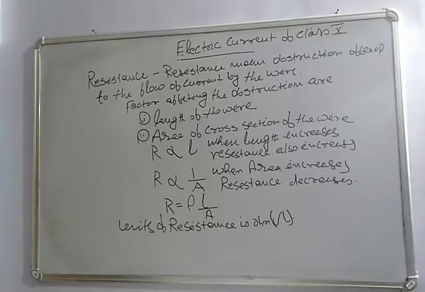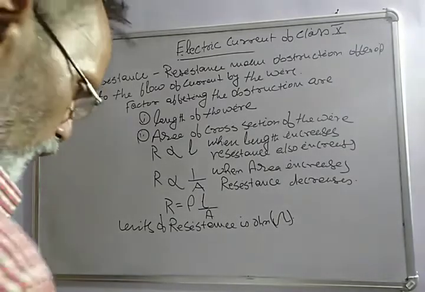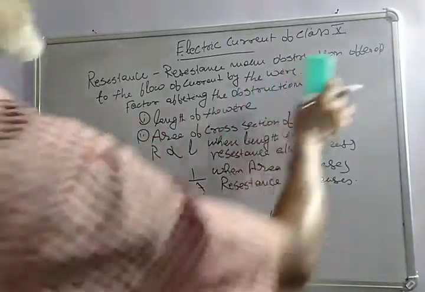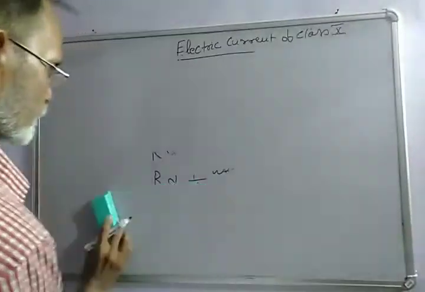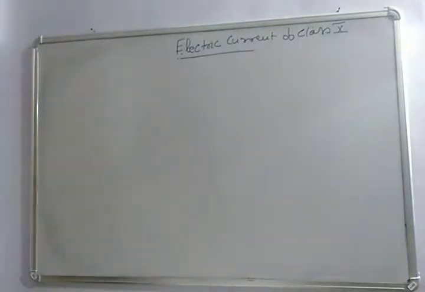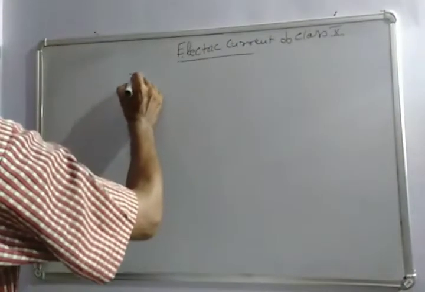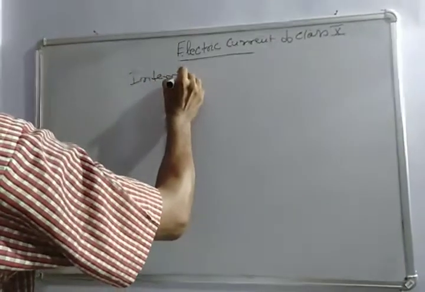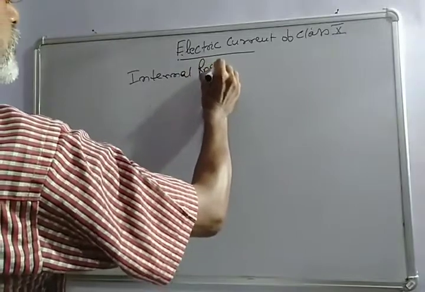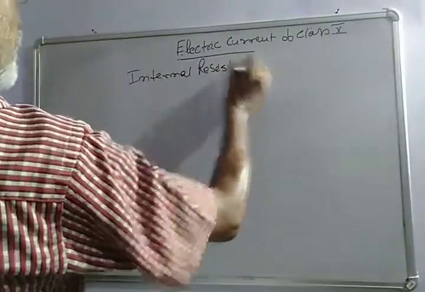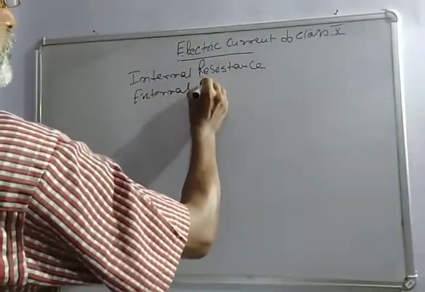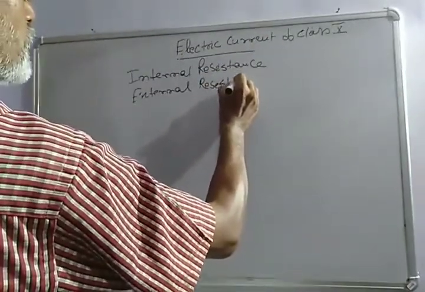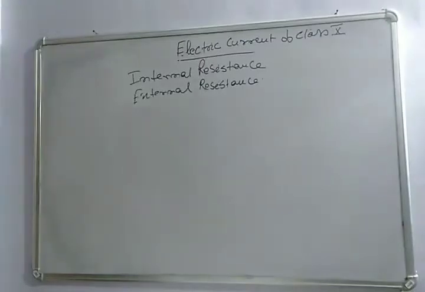Now there are two types of resistance. Number one is internal resistance and number two is external resistance.